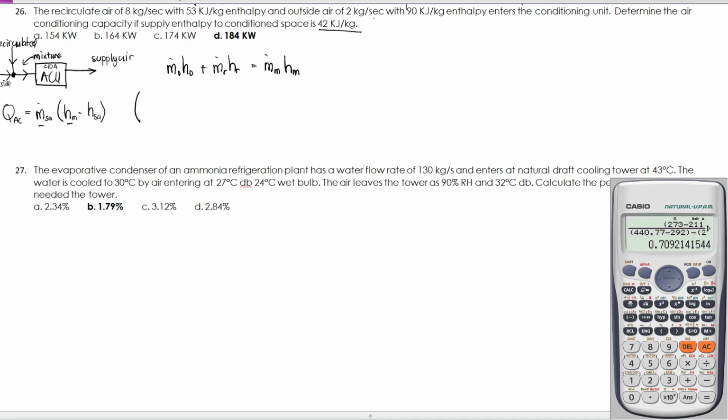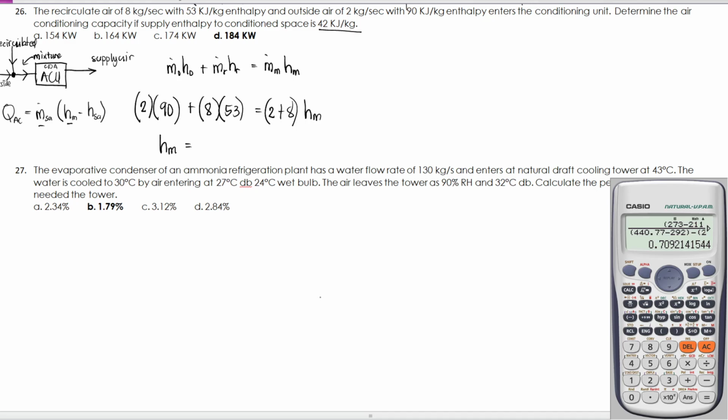So, substitute for outside air, ang mass is 2 kg per second at ang enthalpy is 90. Plus, para kay recirculated air, that is 8 at ang enthalpy niya ay 53. Equal sa, well, ang mass ng mixture ay summation lang ng mass ng dalawa. That is 2 plus 8 lang times the enthalpy of the mixture.